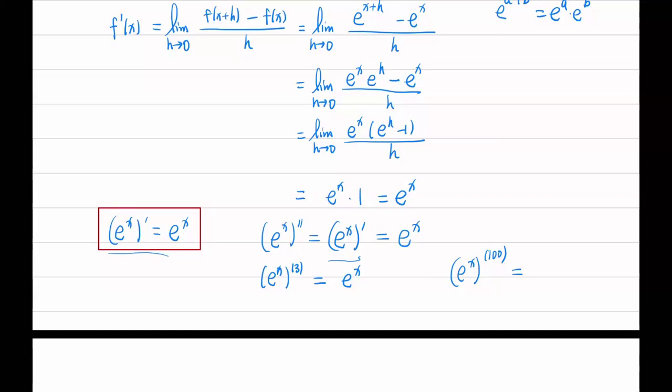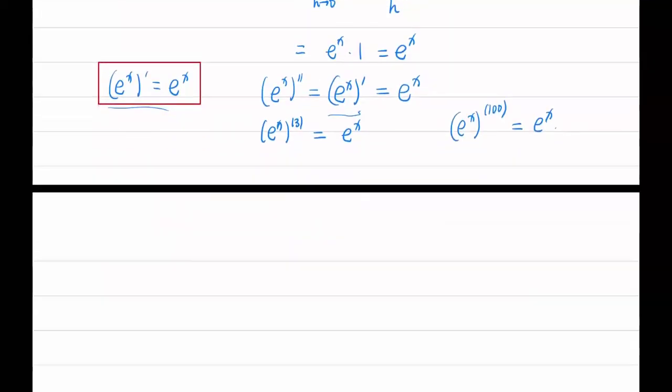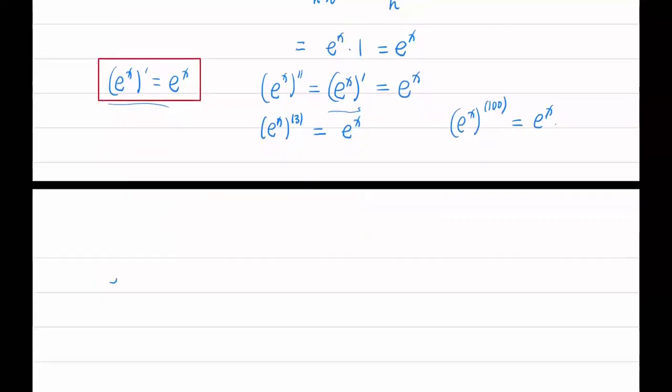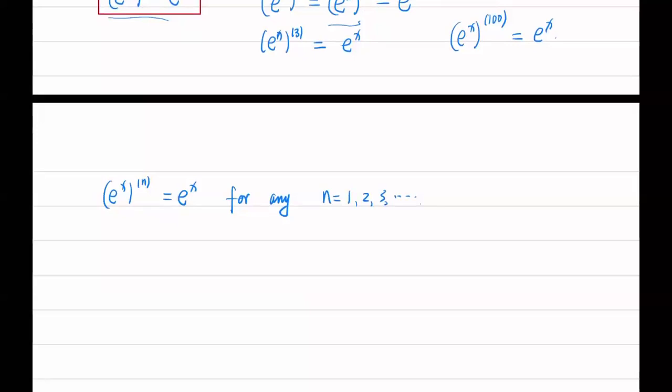The same. Okay, so this is a very special function. All of the derivatives, first, second, third, and up to 100 and even more, they are the same. So we have a very special function: the nth derivative of e to the x is e to the x for any integer n. A very useful property.